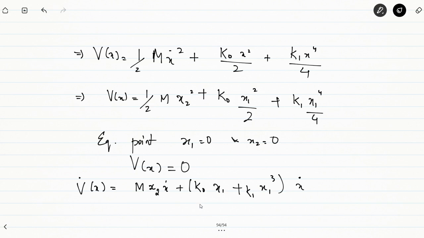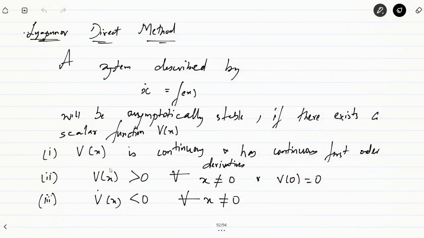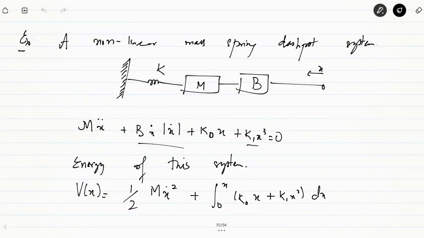So looking at this equation, we need to find out the three conditions that we have defined. One, Vx is continuous. Secondly, Vx has to be greater than 0 for all x not equal to 0, and V naught has to be equal to 0.